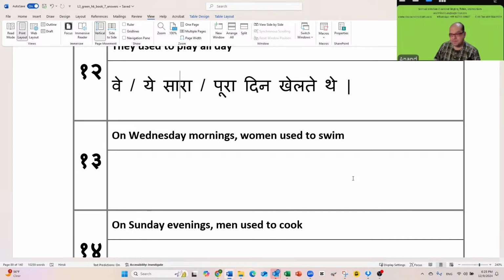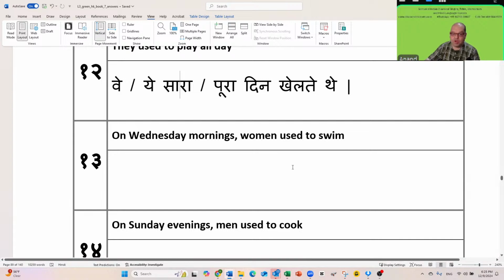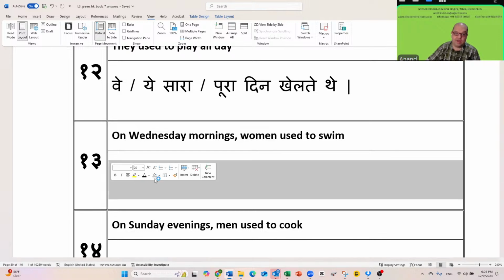It's supposed to be औरत तैरती थी. Yeah, it has to be औरतें because it is plural, woman, not one. So it can't be said औरत. So it is औरतें and then it's feminine, so तैरती थी.